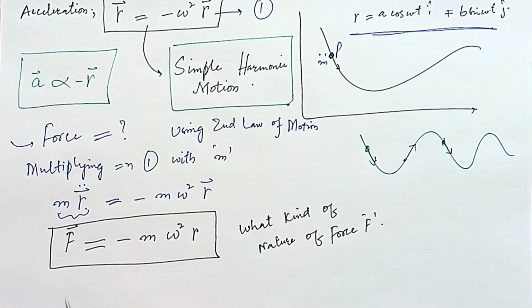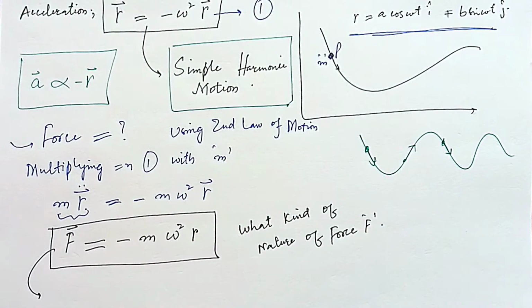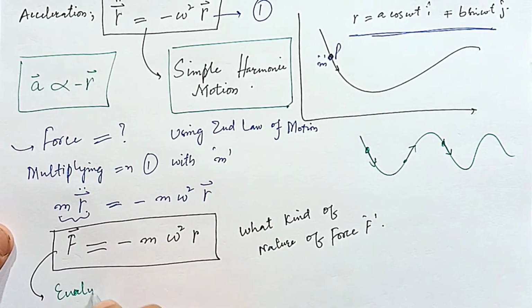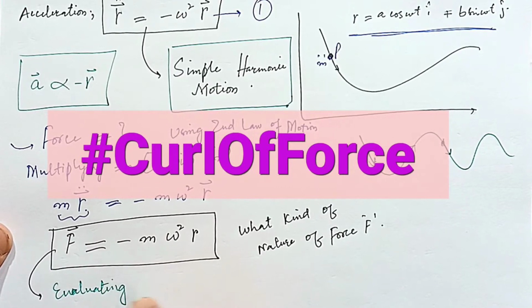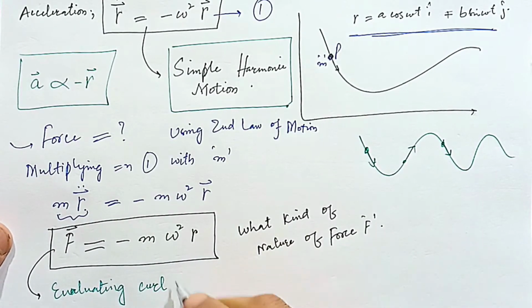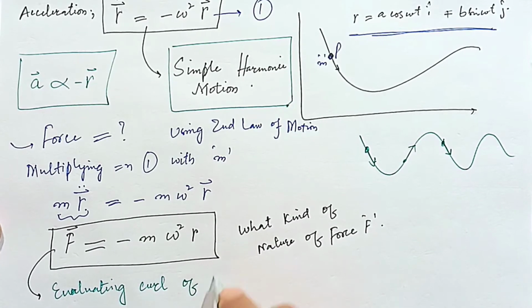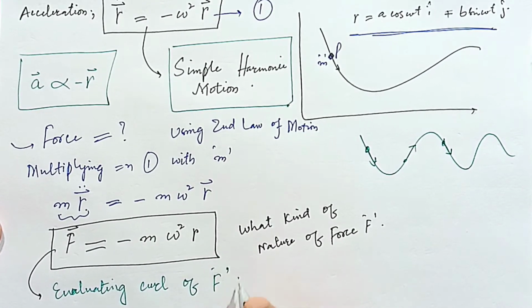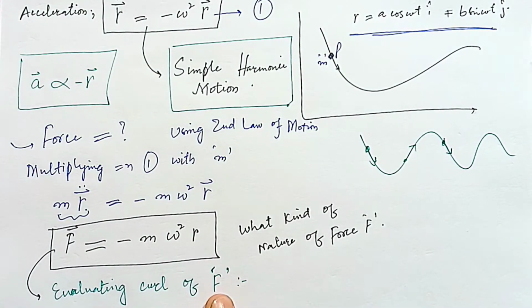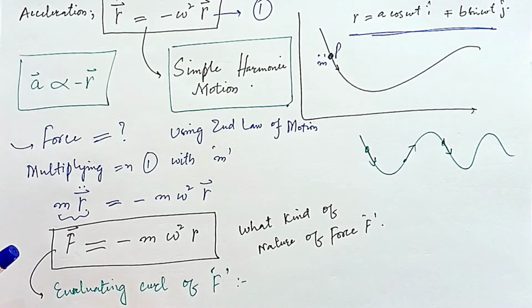For that we will apply the curl upon this force, evaluating the curl of force. You might have already done this very thing. These are all simple problems. So what is curl represented as?